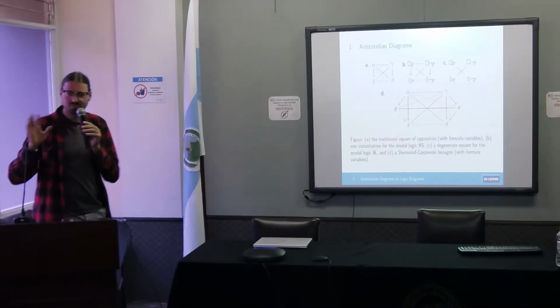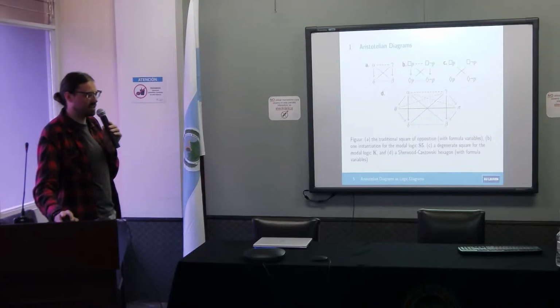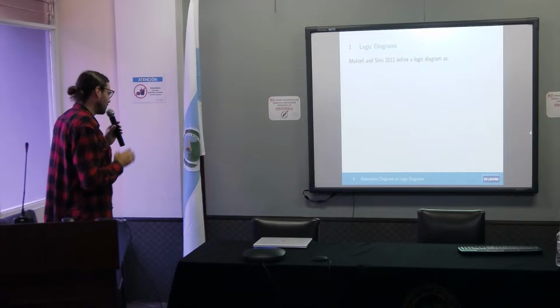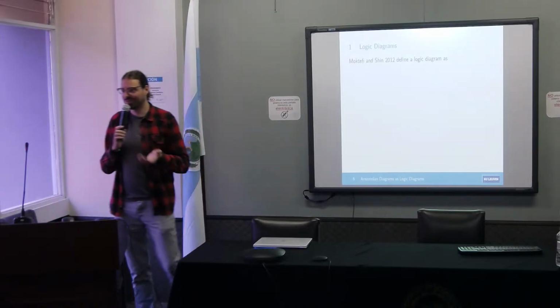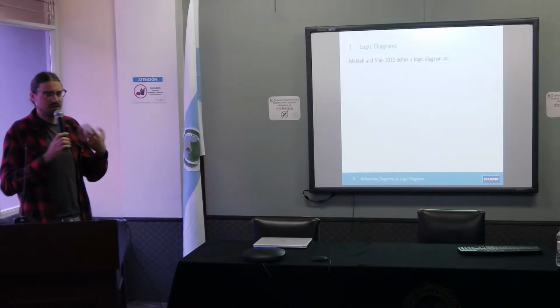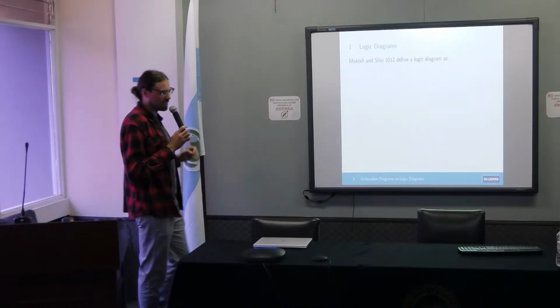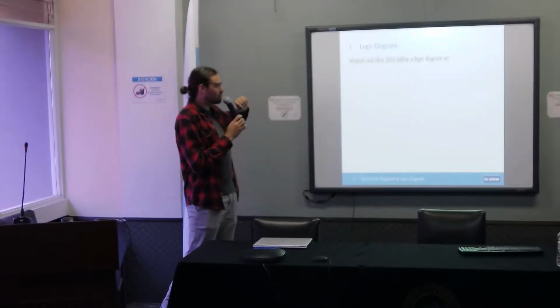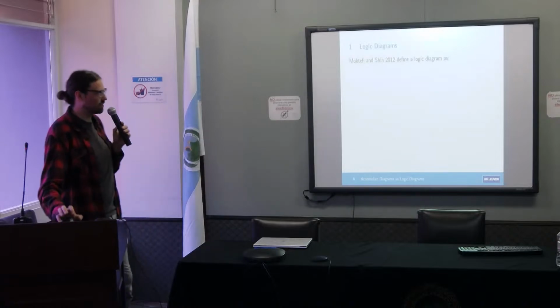So that's the general introduction. What are Aristotelian diagrams? What do I mean with Aristotelian diagrams? The second part of my title is about logic diagrams, so I'll also tell you what logic diagrams are. There's a whole tradition of people talking about logic diagrams. They all give slightly different definitions, but I'll use a definition by MacAfee and Shin from their overview paper in 2012.